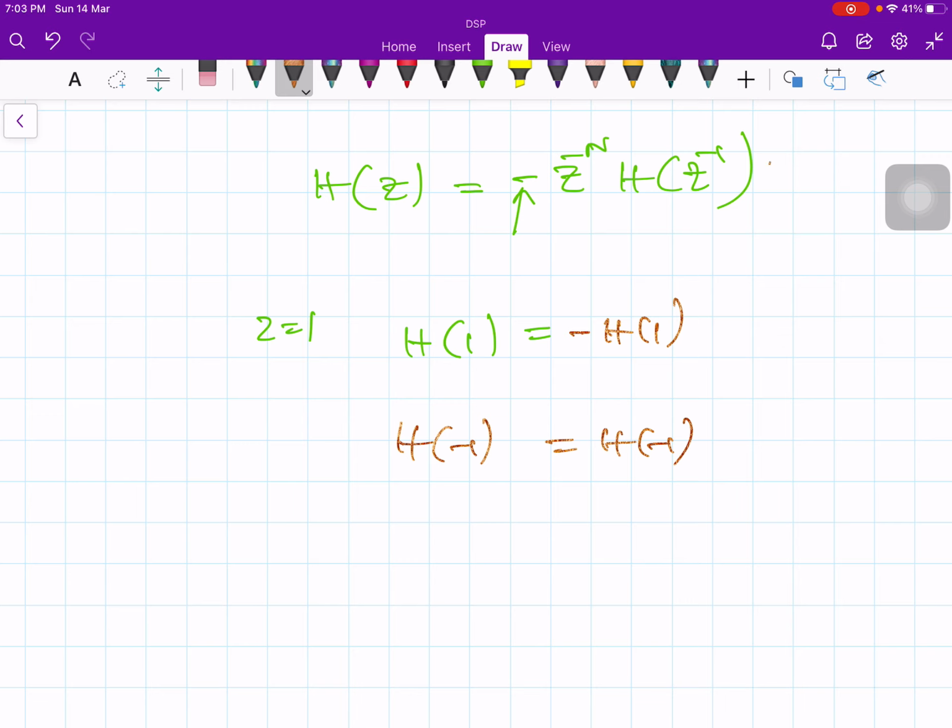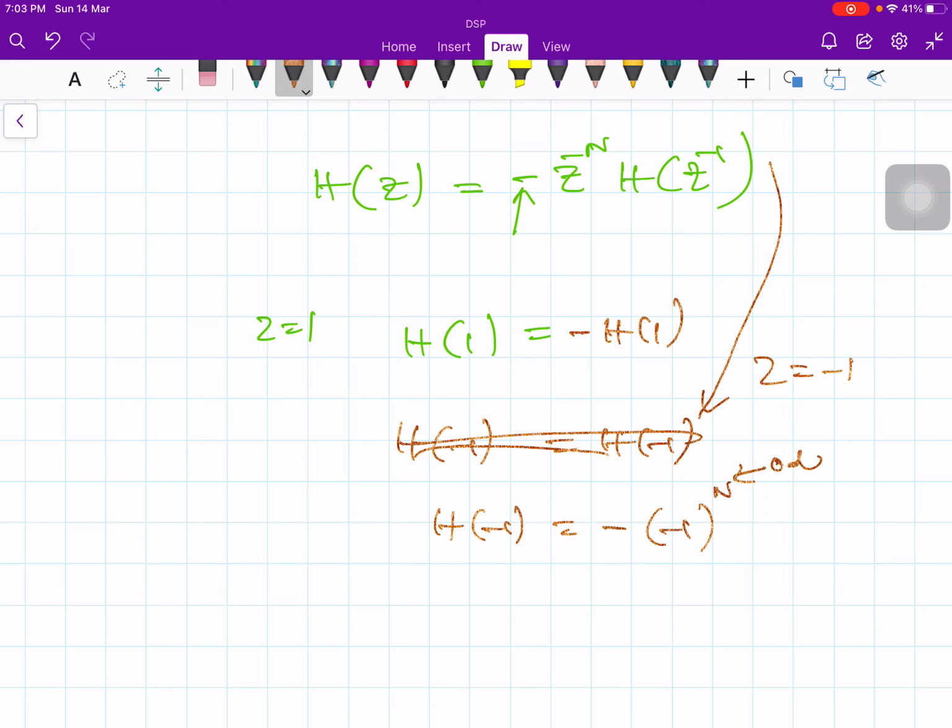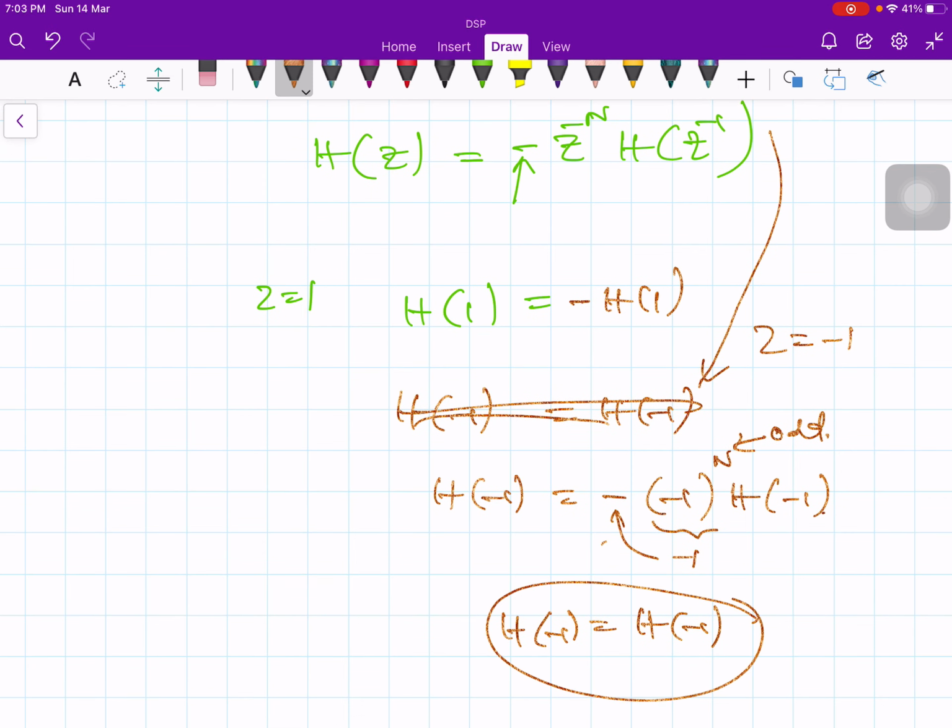In this expression, if you substitute z equal to minus 1, then H of minus 1 is equal to minus 1 whole power N. This N is odd, therefore this is going to give minus 1, and already there is one more minus 1, so it becomes plus. So H of minus 1 on the left hand side is equal to H of minus 1 on the right hand side, but H of 1 is equal to minus H of 1, so this implies H of 1 is equal to 0.